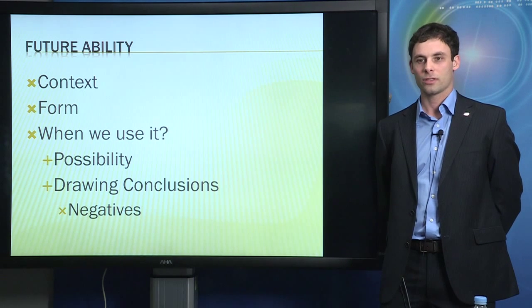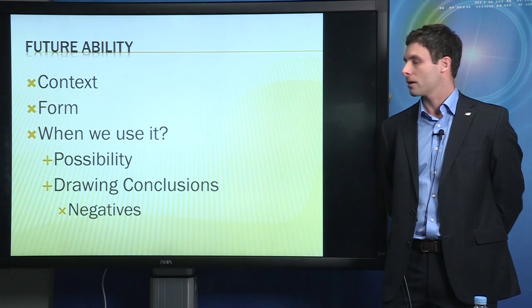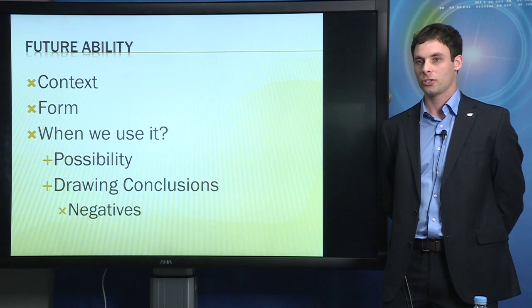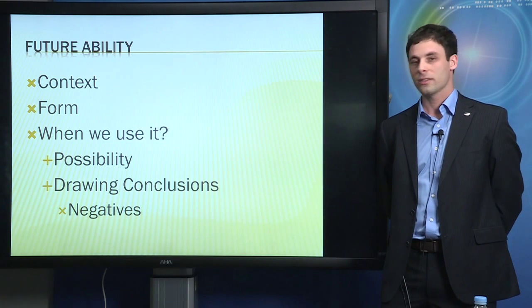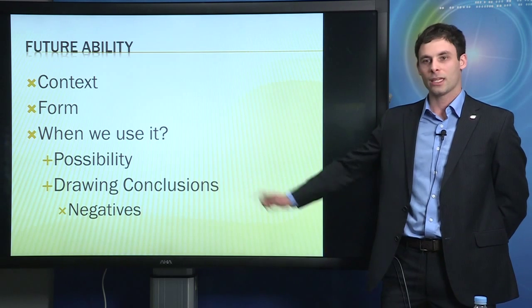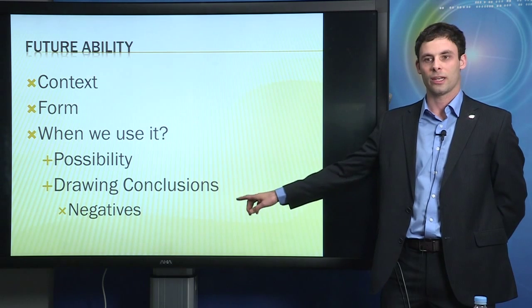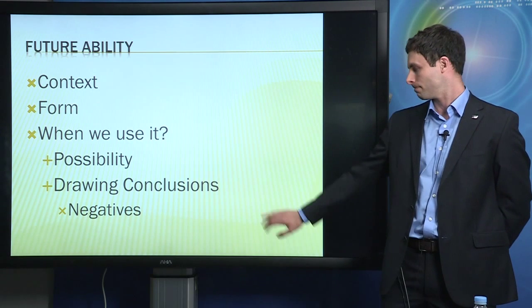You have the context on page 19 of the book, which is a conversation with a receptionist at the doctor's. We're going to look at form for each aspect, when to use it with possibility, making conclusions, and for each one we shall look at the negative form also.